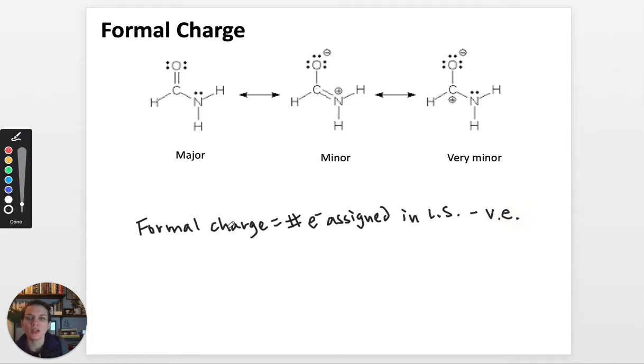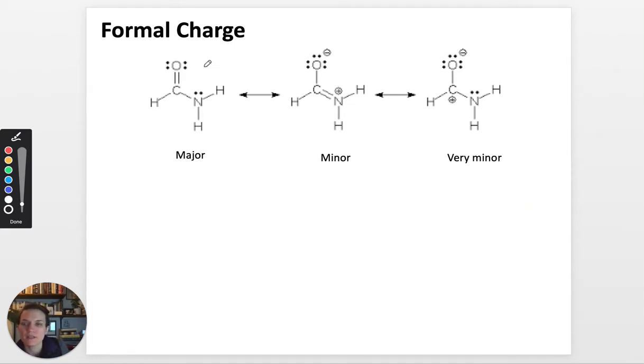Okay, so here we have a species, and if we wanted to know the formal charge of nitrogen, so for formal charge, you're always just looking at one element in a molecule. So nitrogen's valence electrons is 5. And here it has 1, 2, 3, 4, 5. So its number assigned is 5 minus 5 would be 0. So its formal charge is 0.